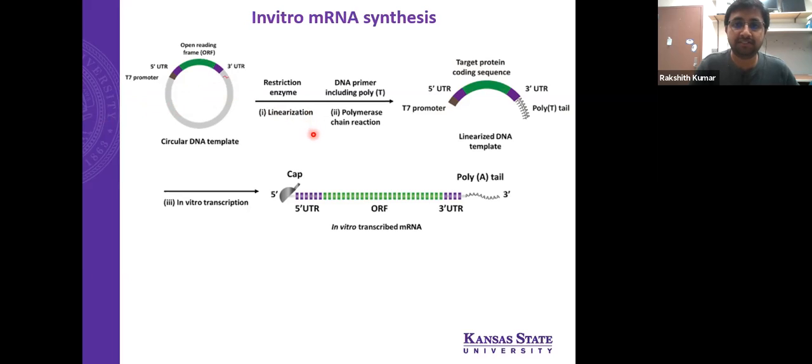Then by using PCR, we can introduce a poly T tail, because our mRNA should contain a poly A tail to have more stability and more translatability.